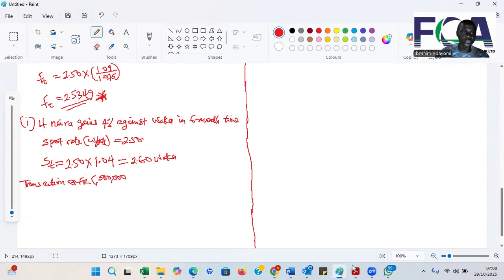Now, it's Waka. We have to divide. The same currency, divide; different currency, multiply. So in Naira, that to give us 500,000 divided by 2.6.